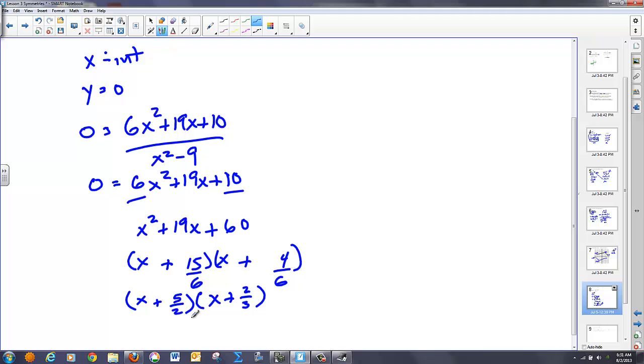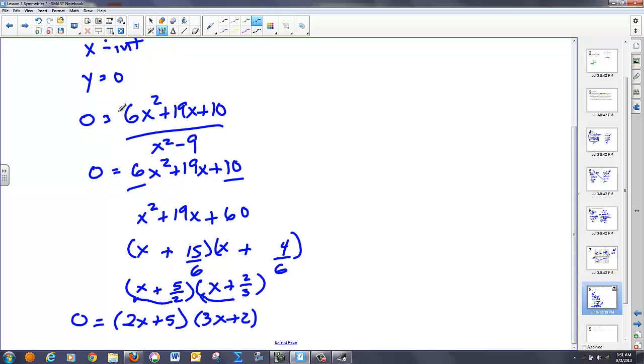Then I'm going to bring my leftover denominators to the front. And that gets me a 2x plus 5 and a 3x plus 2. And you'll notice that if I FOIL that back out, I will get my original. So I call that a 5-step method in order to factor the quadratic when I've got some a term in front.